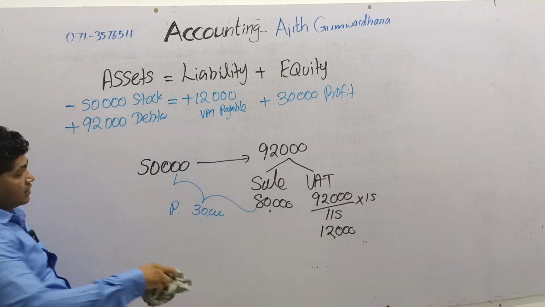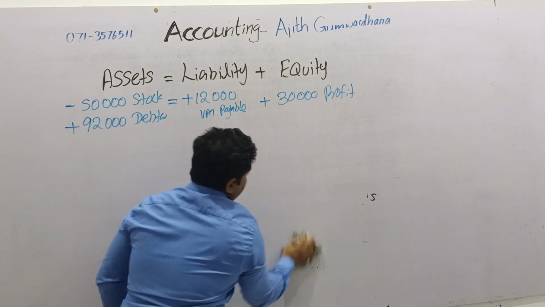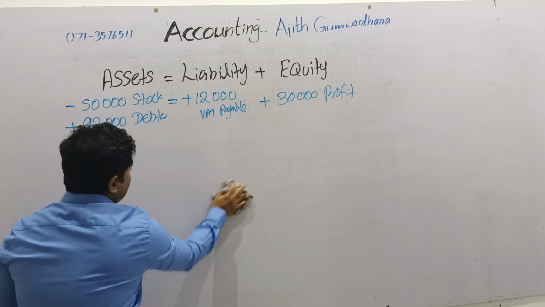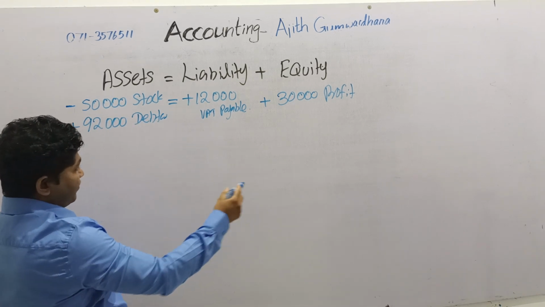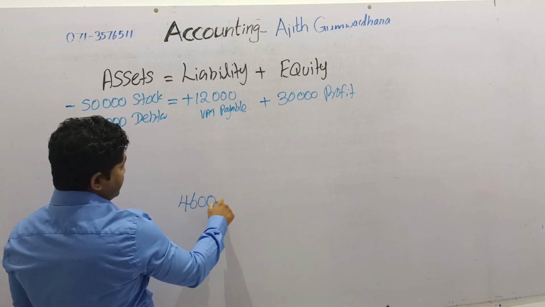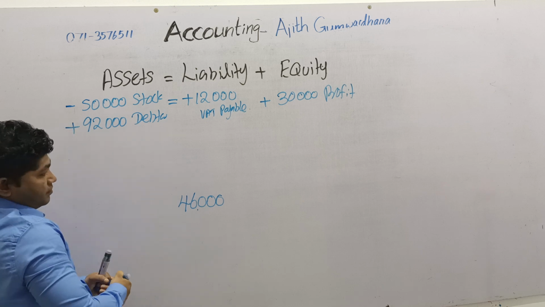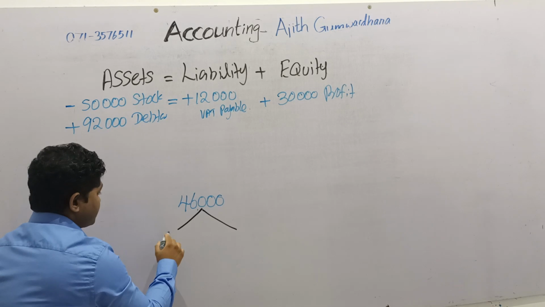Now think about a purchase transaction. Purchase goods on credit 46,000, including VAT 15%. Therefore, here the amount includes VAT as well as the purchase.